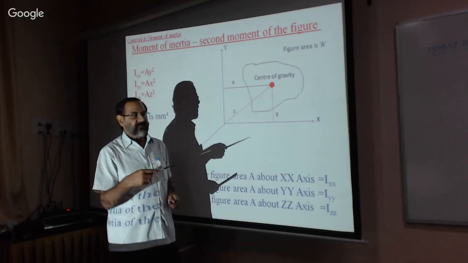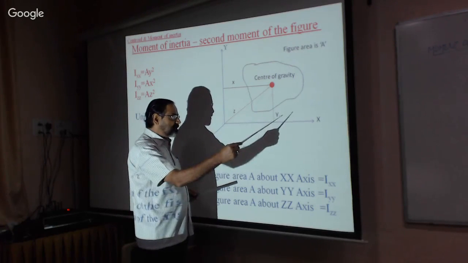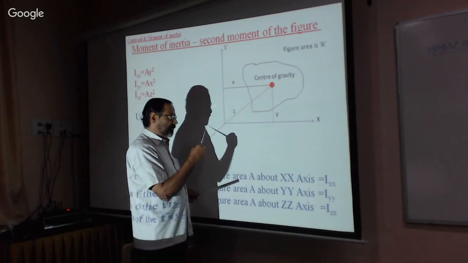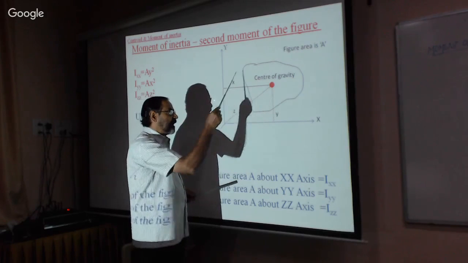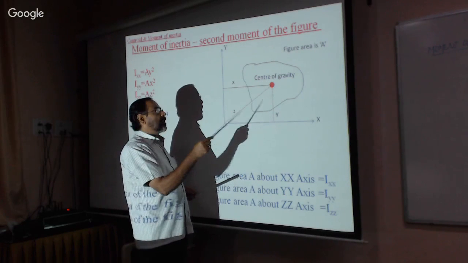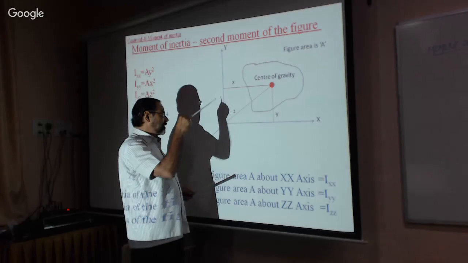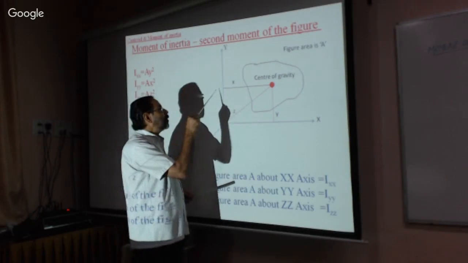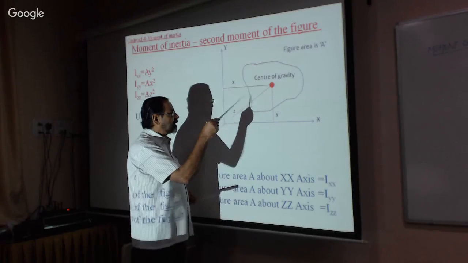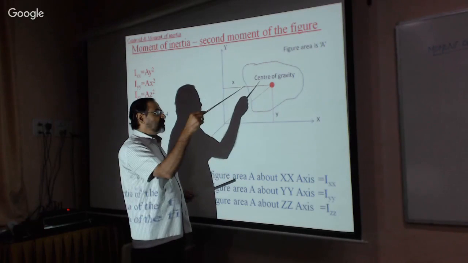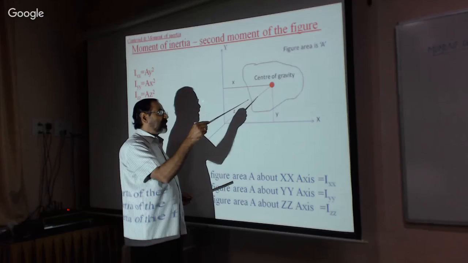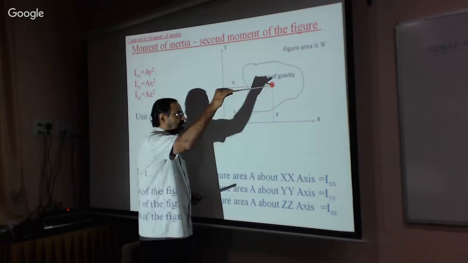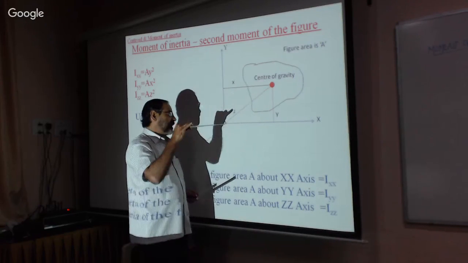With respect to the x-axis, I-x-x, the moment of inertia of the figure about the x-axis, is area into distance squared. The moment of inertia of the given figure about the y-axis is the area of the figure into distance squared. Similarly, the moment of inertia about the z-axis: area into distance squared, that is I-z.